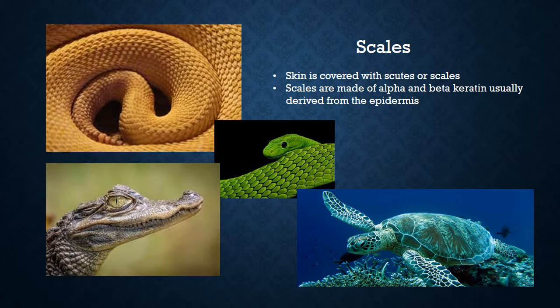Scales are made up of alpha and beta keratin, usually derived from the epidermis. Fish have their scales derived from the dermis, which is a lower layer, but a reptile scale is derived from the epidermis. And these pictures represent both scales and scutes.